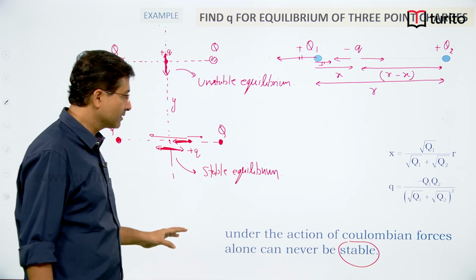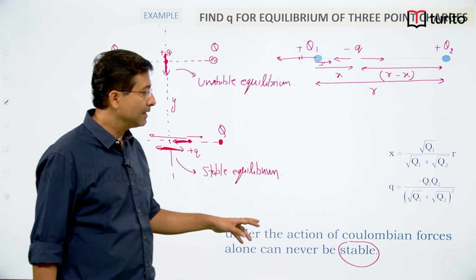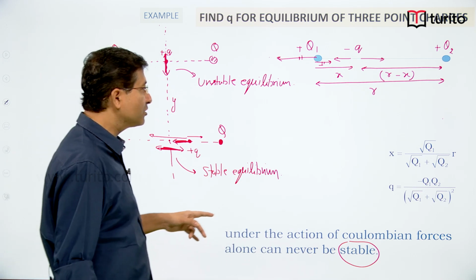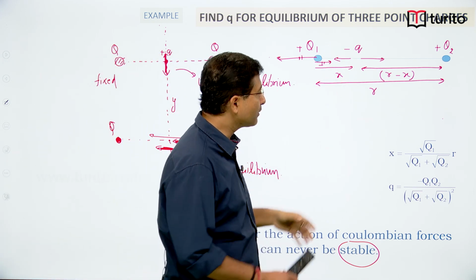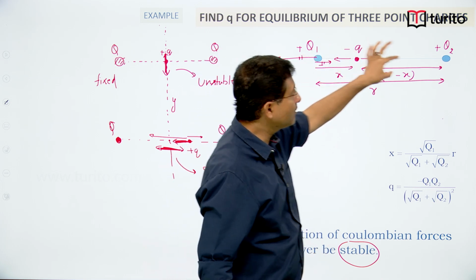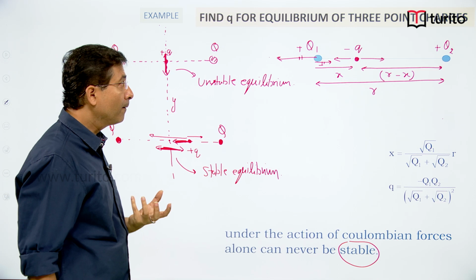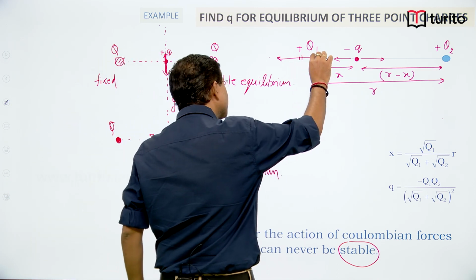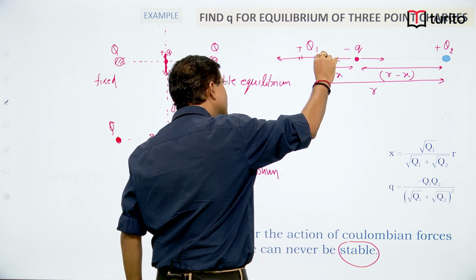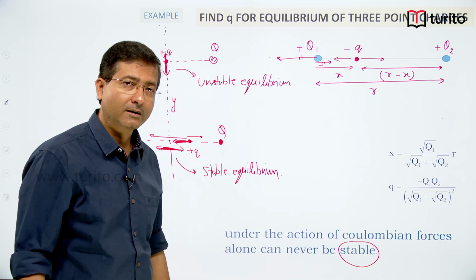The statement says that under the action of Coulombian force, only Coulombian force alone, system cannot be in stable equilibrium. That means right now you have calculated the position of this third charge particle for which the whole system, that means every element of the system, remains in equilibrium. But if you slightly disturb the system, if I just move this way or move this way, the whole system won't have any tendency to get back.